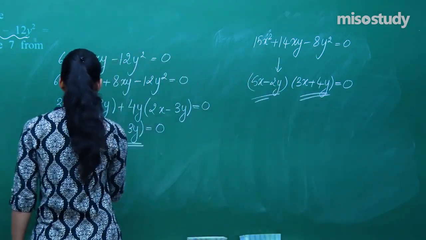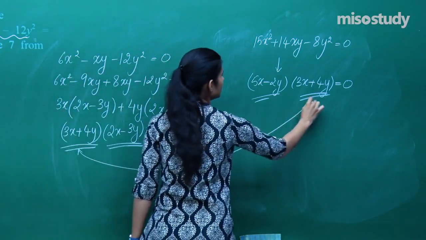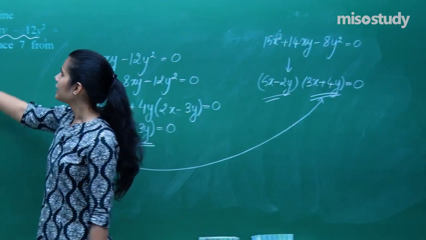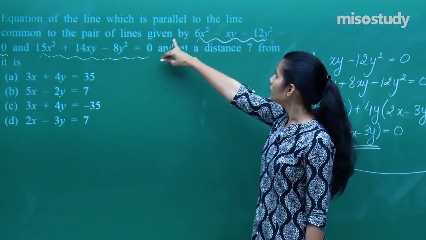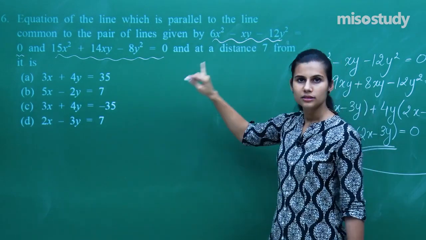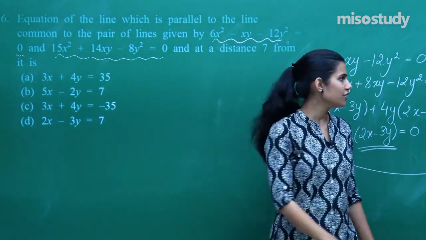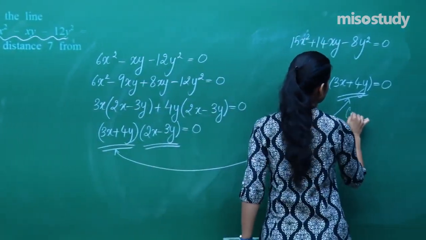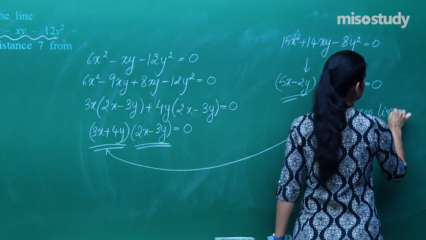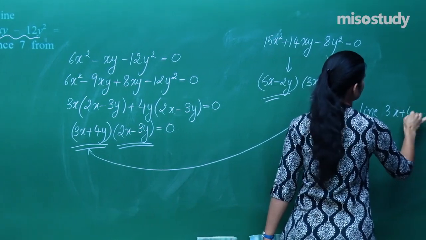Obviously you can see that this line is common to both. I am asking for the line parallel to the line common to the pair of lines represented by these. The common line is 3x plus 4y equals 0.